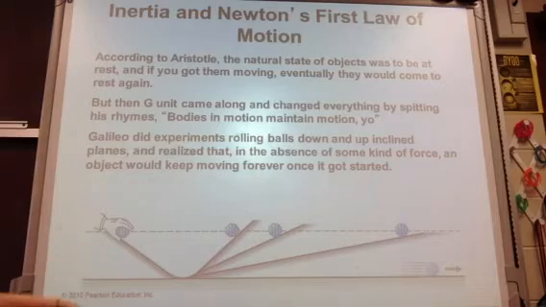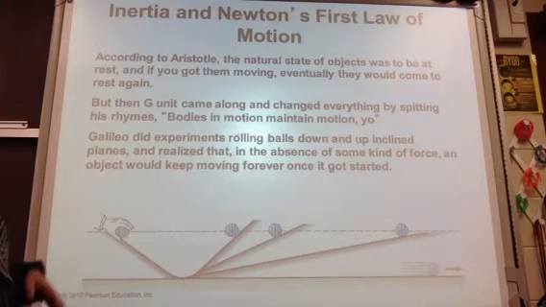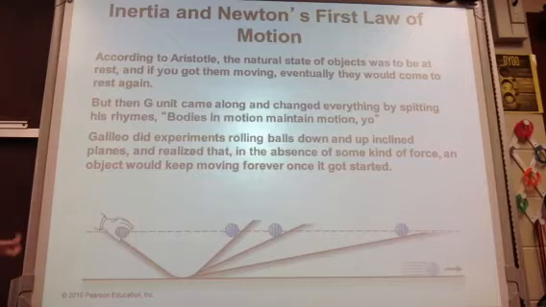But then Galileo comes along, and Galileo does not only some thought experiments, but he also does some experiments with inclined planes, where he's rolling different massed balls up and down these inclined planes, and he realizes in the absence of a force, this object is going to keep moving forever and ever and ever until it comes in contact with something else.